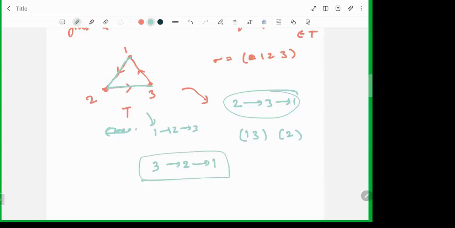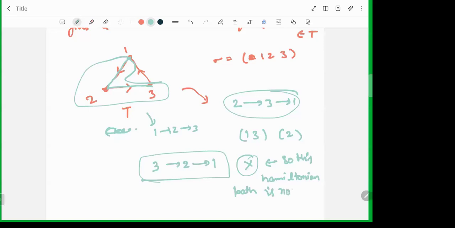So this path should be 3 to 1, but there is no such edge in T, right? So this Hamiltonian path is not possible. This Hamiltonian path is not there in the tournament T.